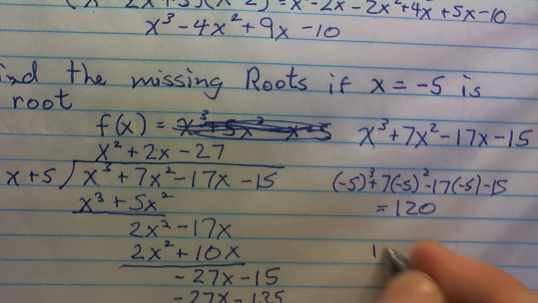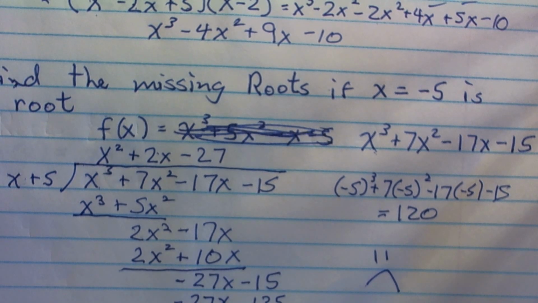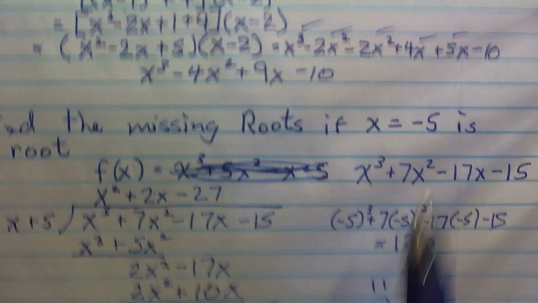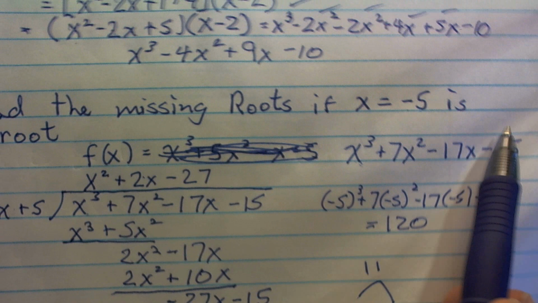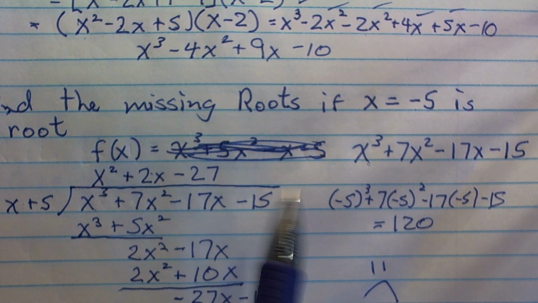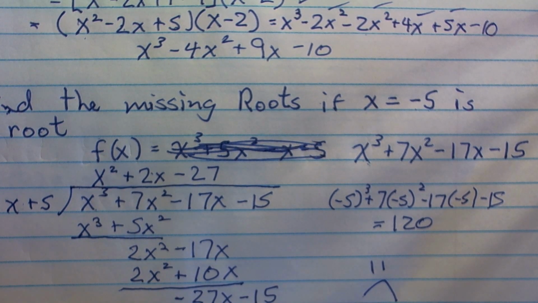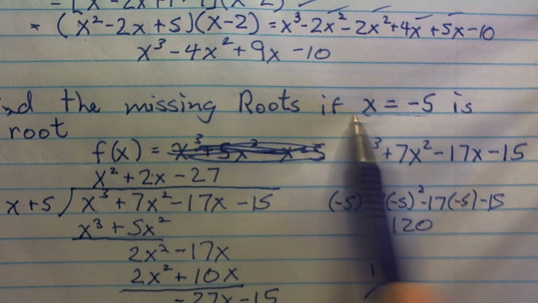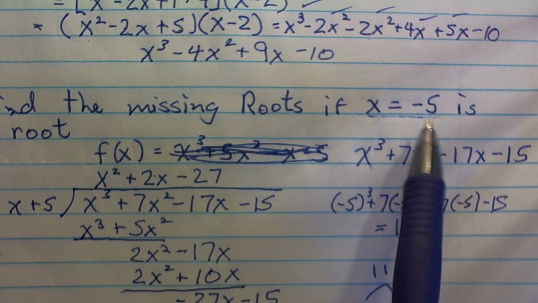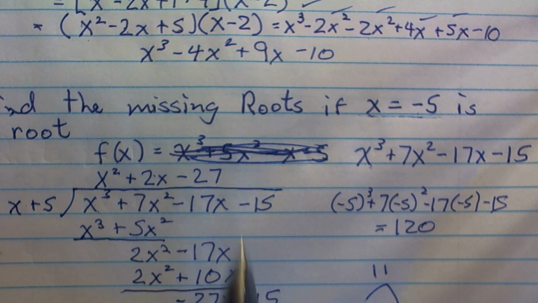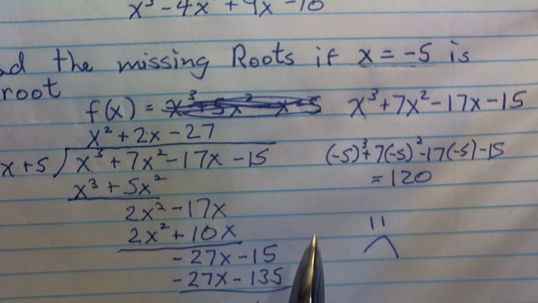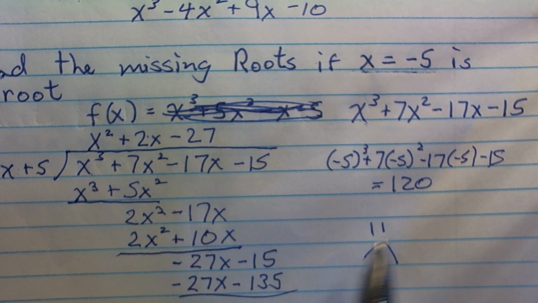So that's a problem. So let this be a lesson. If you don't have a zero remainder, then that's not a root. And if you're asked that on a test, you would go through and show this work, and then you would say, well, it's not a root because there's not a zero remainder.